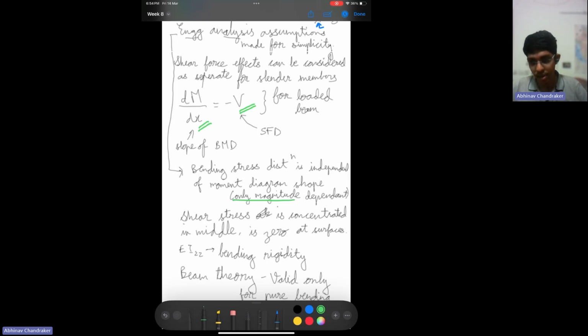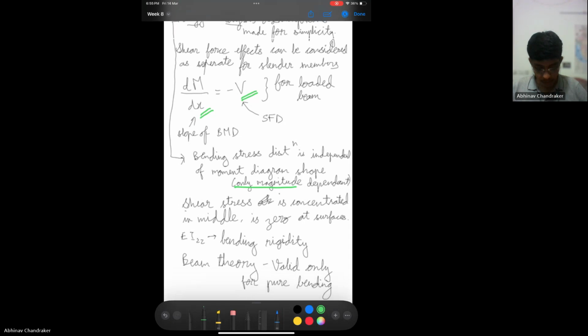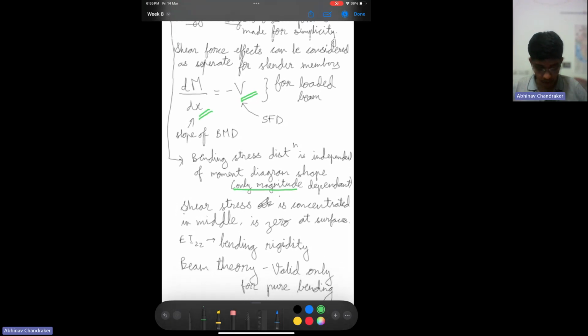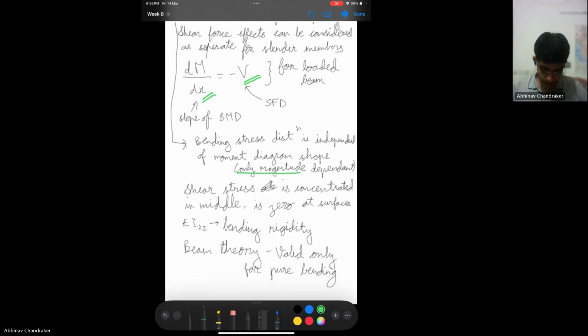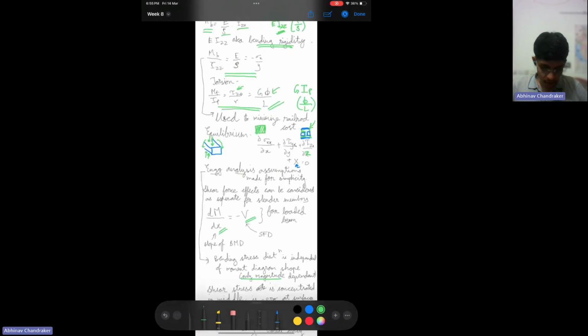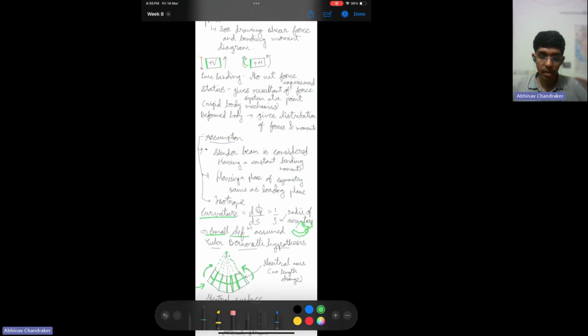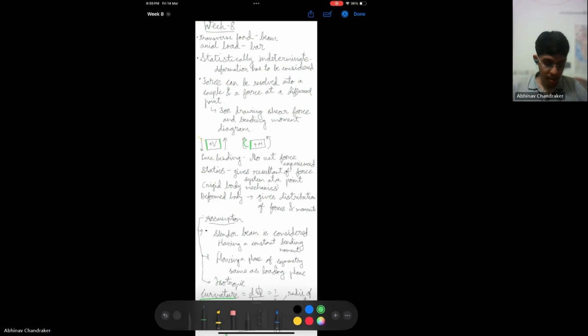Because of that, we can still consider the planes to be planar after the load is applied. All the shear stress is acting at the middle only. And of course, at the surface, it is zero, since the stress vector at the surface is zero. So that was all which was covered in week 8 in the first two lectures.